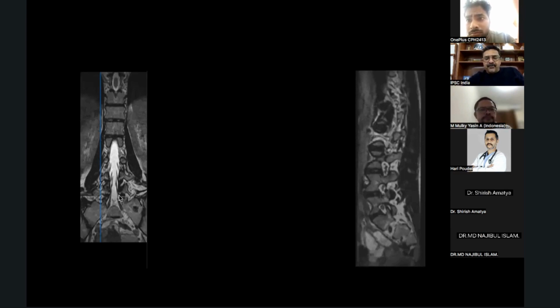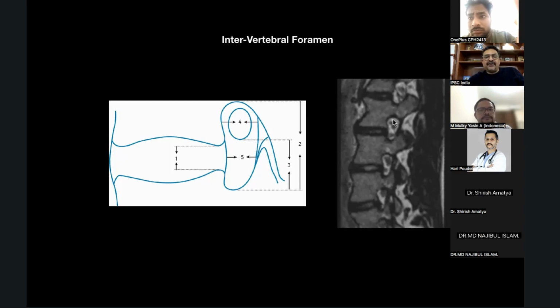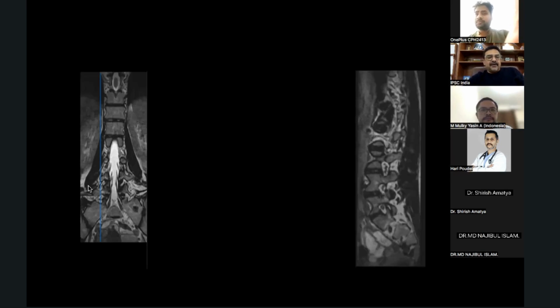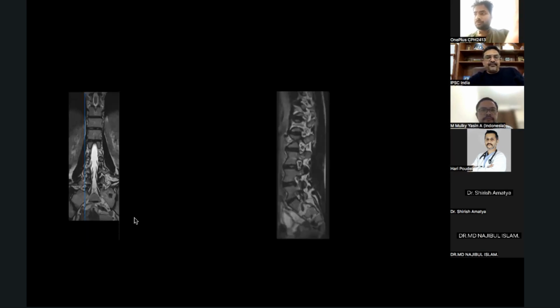So whatever we are seeing here in the foramen is the exiting root. And as we go more medially, you can see that this section is taken from the foramen area.